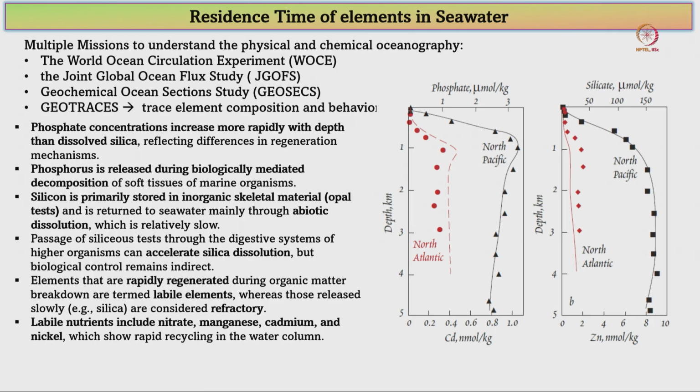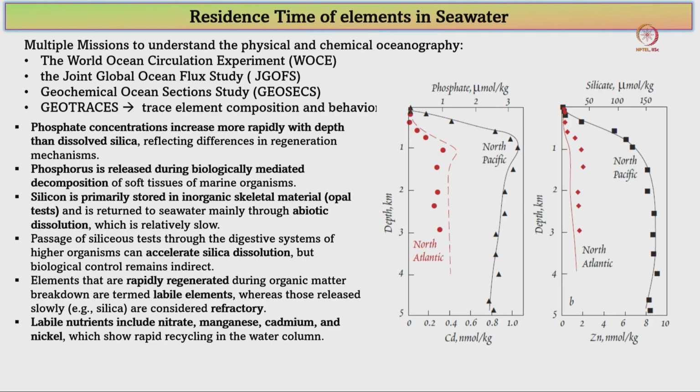So, they started having multiple missions to do physical and chemical oceanography. There were joint missions done by a lot of institutes all over the globe, not only in particular regions. Specific groups were created and we had missions with different research objectives.